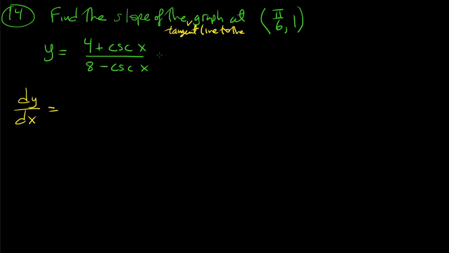At this point you should know the derivative of cosecant, right? It's negative cosecant cotangent. But you probably remember the derivative of sine. You better know that, right? It's just cosine. So there's something we can do here to change this to sine instead of cosecant.